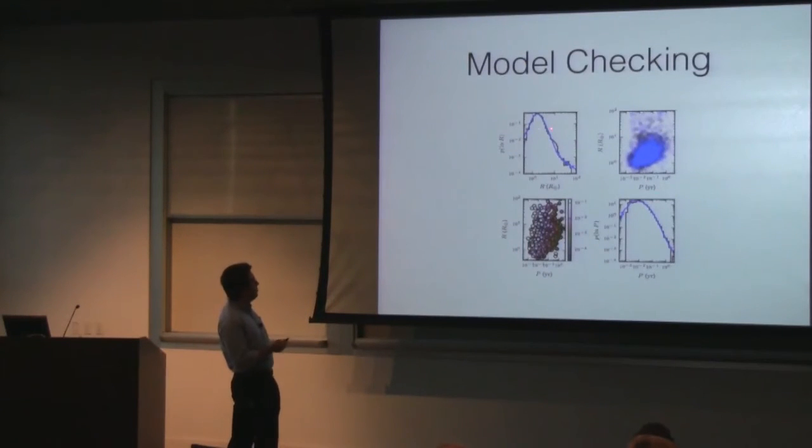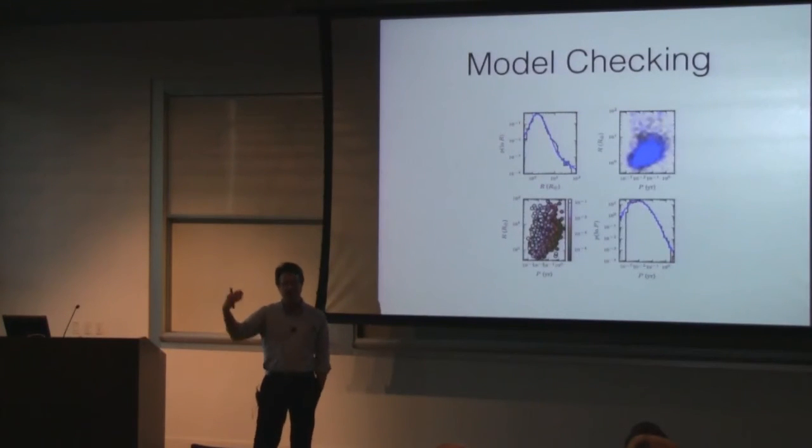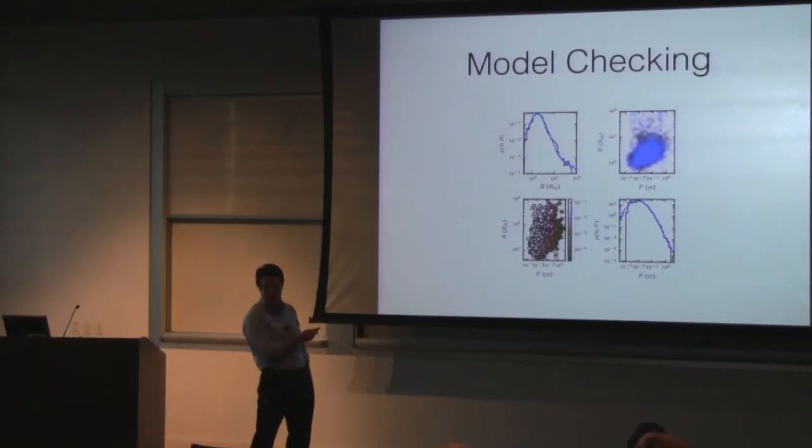Okay, so in blue here are synthetic draws from that model: intrinsic population, down-selected, contaminated, plotted in blue. In black are the actual planet candidates from Kepler. And you can see that the blue tracks the black in period space and in radius space pretty darn well.